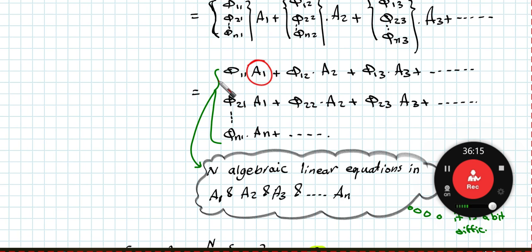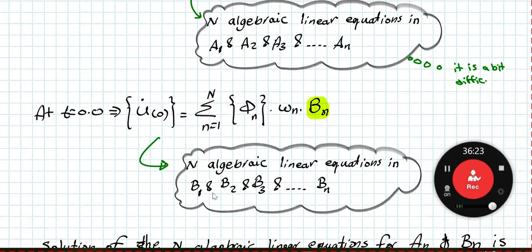So we are going to have linear algebraic equations, and the similar would happen for bn. We are facing the same problem here, with linear equations for b1, b2, and b3. So it's not good for us. We need to find another way.